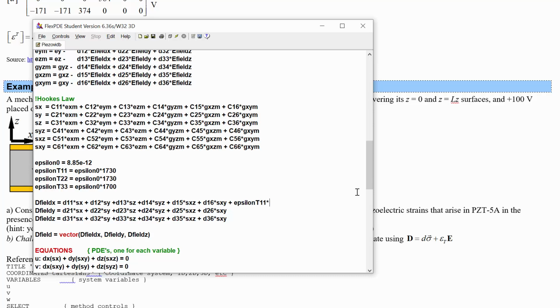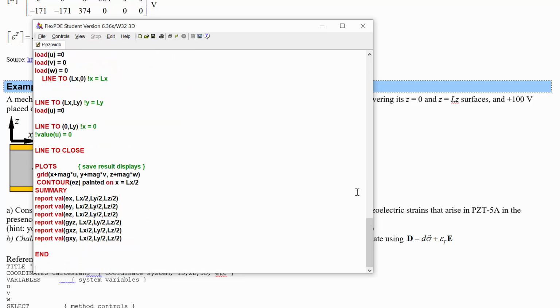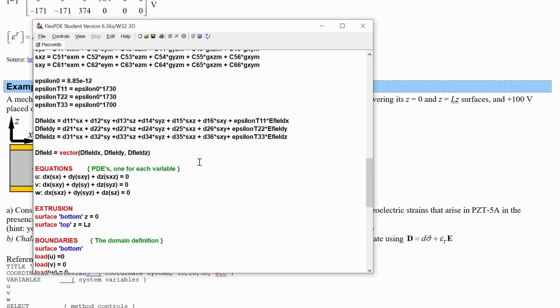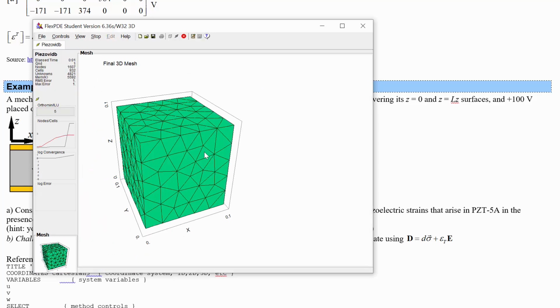Epsilon T11 times E field X and epsilon T22 times E field Y, then epsilon T33 times E field Z. Okay. So we shouldn't have messed anything up yet.